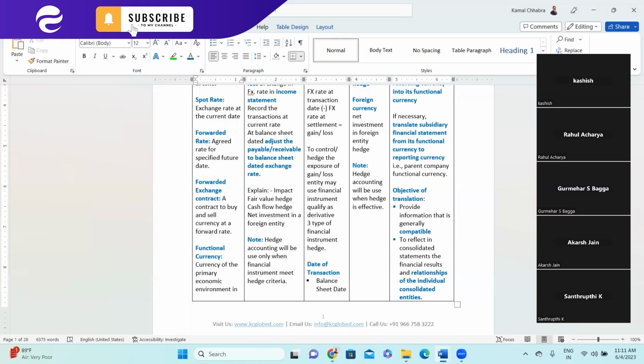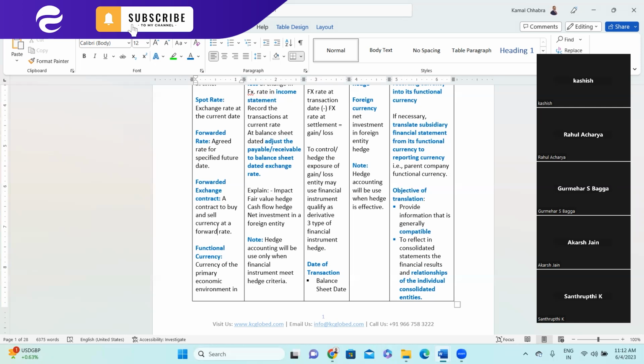Kashish says it is $1,500. We agree that after 60 days, I'll pay Kashish 83 rupees per dollar, and Kashish will deliver that MacBook Pro to me after 60 days. So that is called a forward exchange contract or a future contract, in which both receipt of money and delivery of product would be in the future.